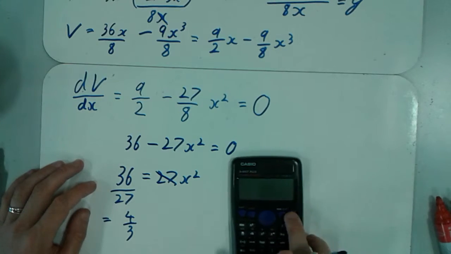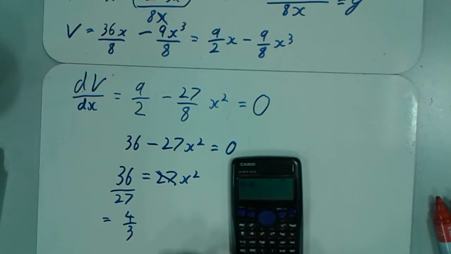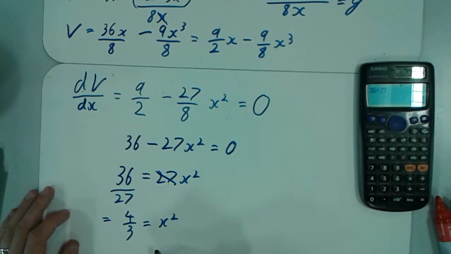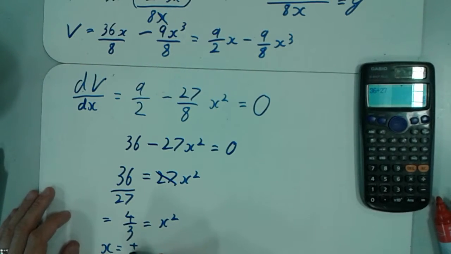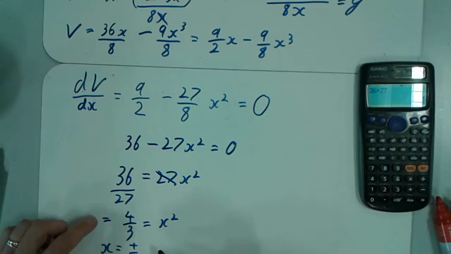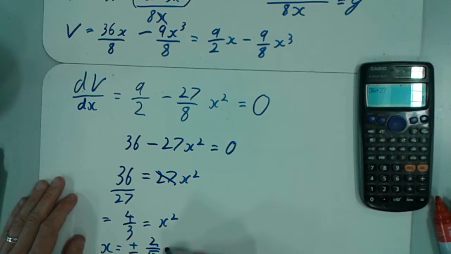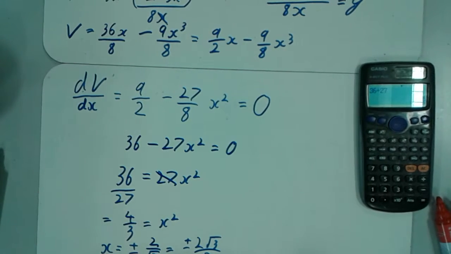I'll just double check that. There we go. Is equal to x squared. Therefore, x is equal to plus or minus. Remember, whenever you take a square root, you do get two solutions. 2 over root 3. Or, to write it a bit nicer, plus or minus 2 root 3 over 3, a rationalised denominator.